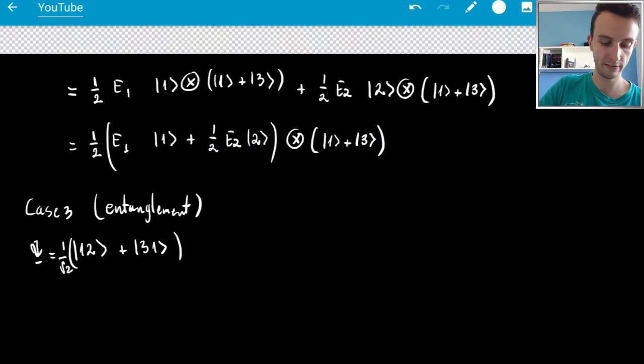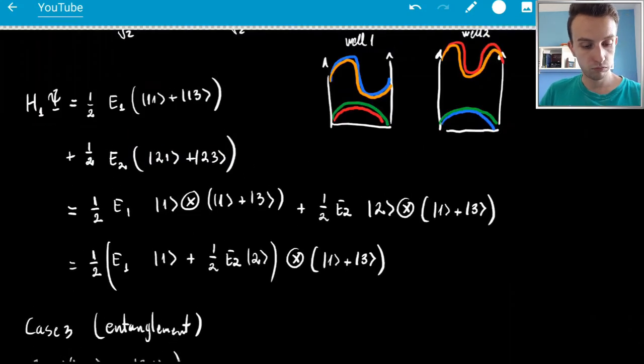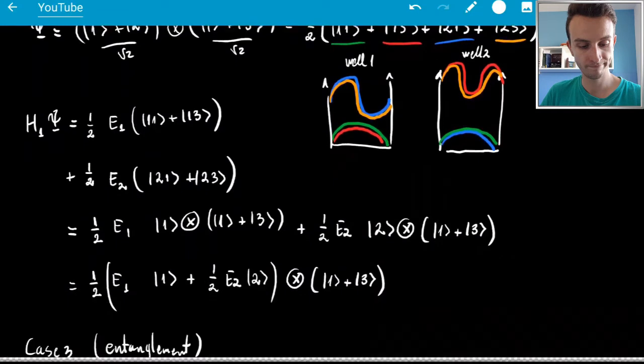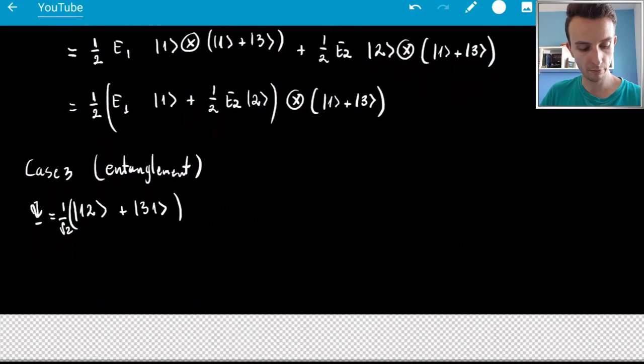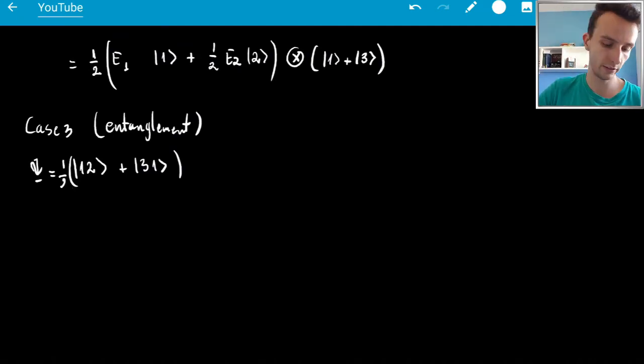Probably we need a square root 2. I had 1/2 here. Yeah, it should be 1/2. Yeah, that's good. But here I only need square root 2, I believe. No, I still need 1/2.